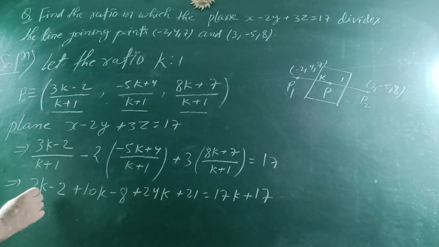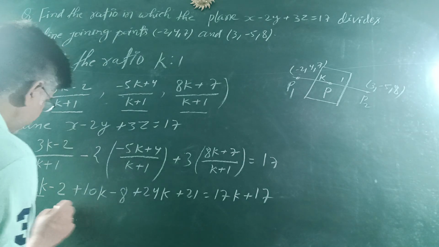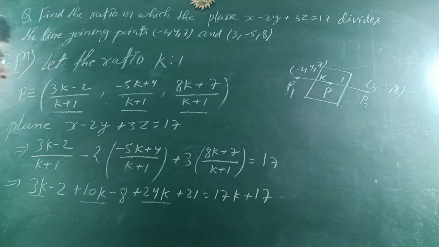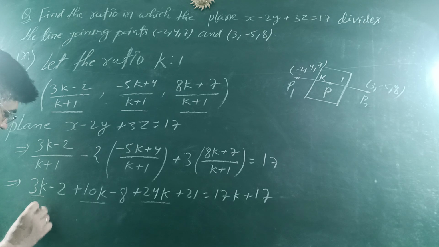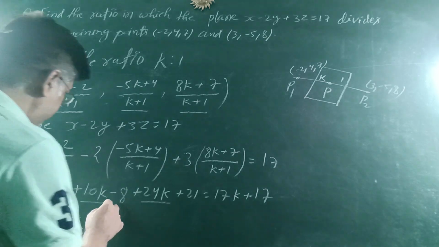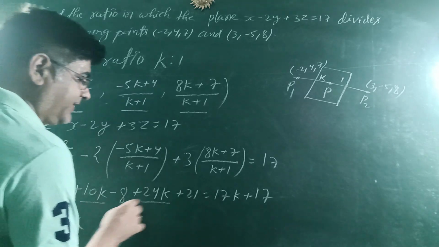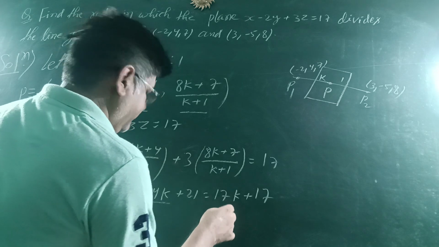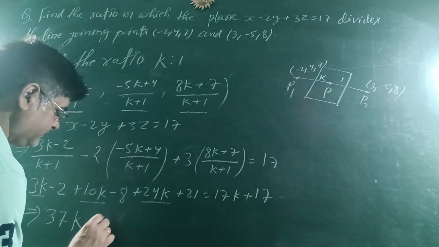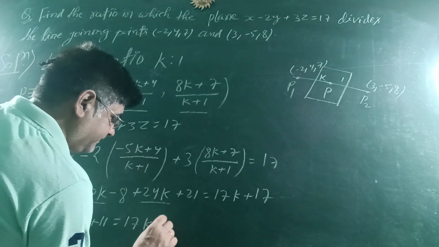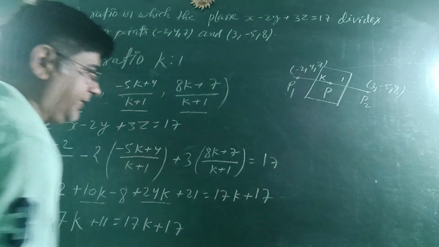So all the k's come together: 3k plus 10k is 13k, plus 24k, it means 37k. And the constants: minus 2 minus 8 minus 10 plus 21 gives plus 11, and the right hand side is 70k plus 70.